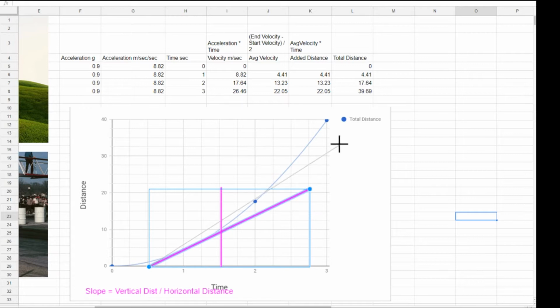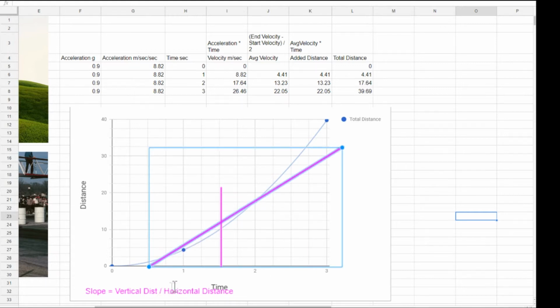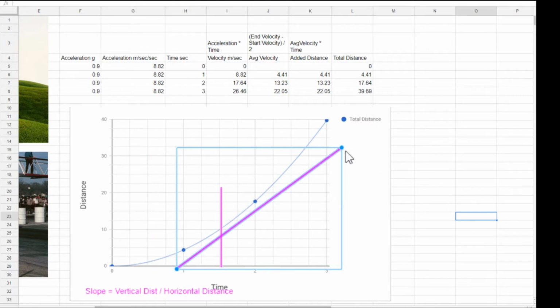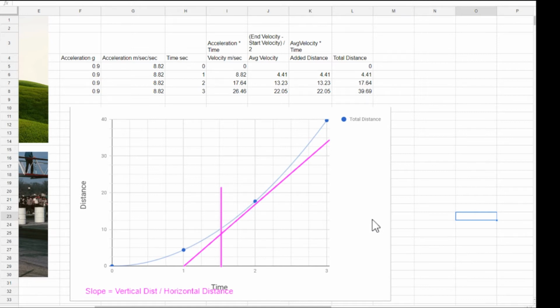If I was going to look at the slope at this next point, it's going to be much steeper. So what I've got to do is adjust my tangent line here. It takes a little fiddling around to make this work, of course. Now, you can see that this slope is considerably steeper than the previous one. And luckily, this one turned out to hit at about the 1 second mark. At the 2 second mark, which is 1 second later, I'll just move this over here to line up with that.